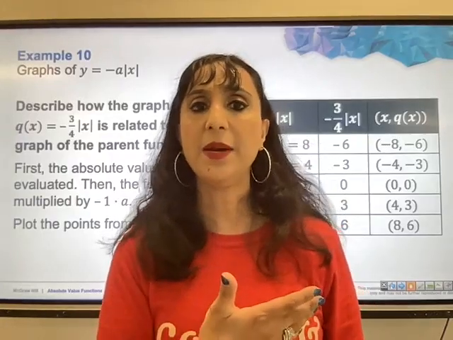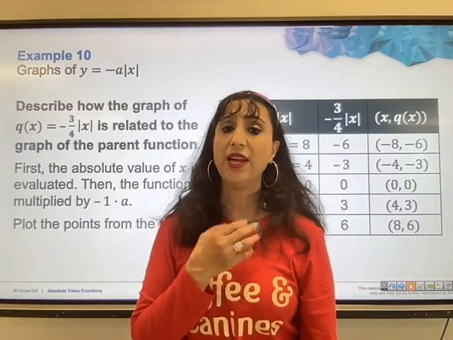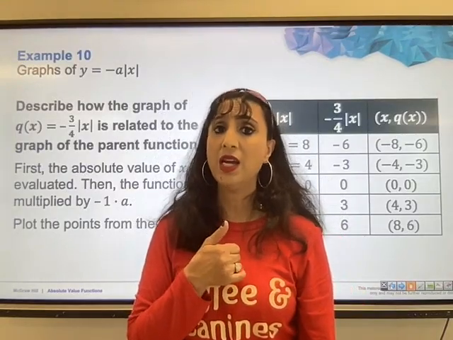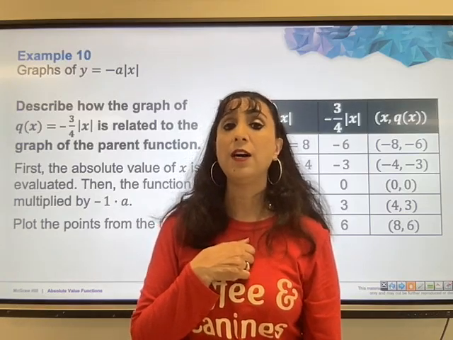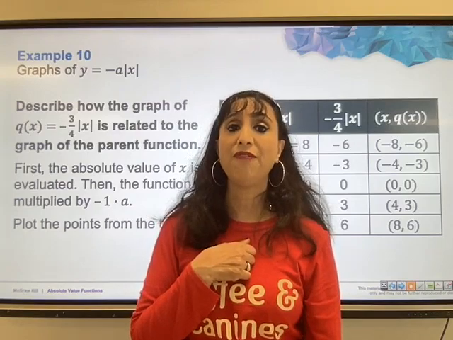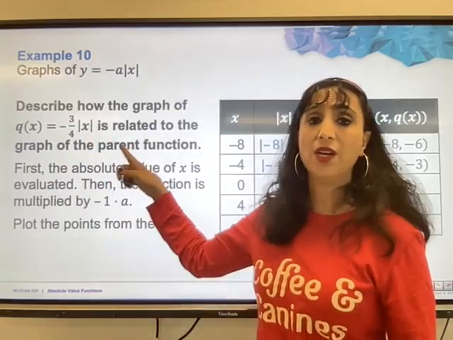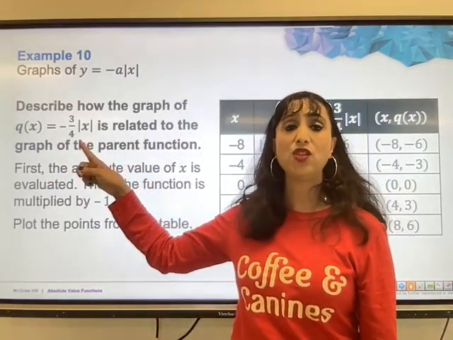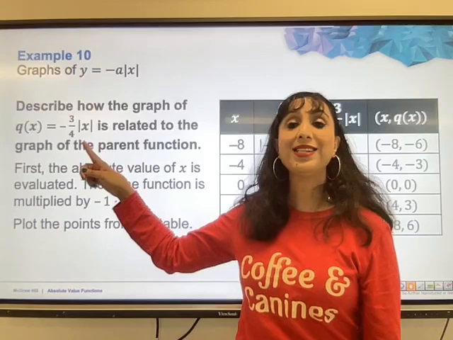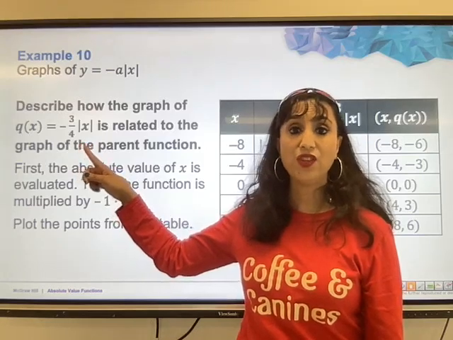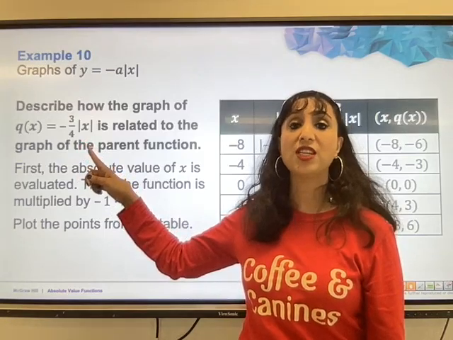So here's another example, and now it's talking about a value which is greater than 0 but less than 1. Once again, the negative 3/4 times the absolute value of x is written in the format over here. So I know that this is again going to be a vertical dilation, and since it's a number which is greater than 0 but less than 1, this is going to be a graph which is compressed.